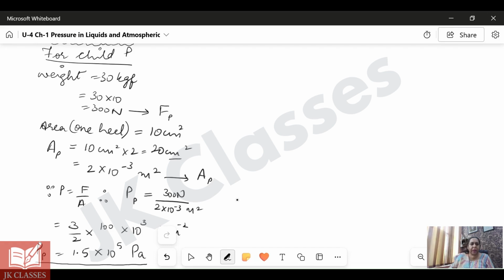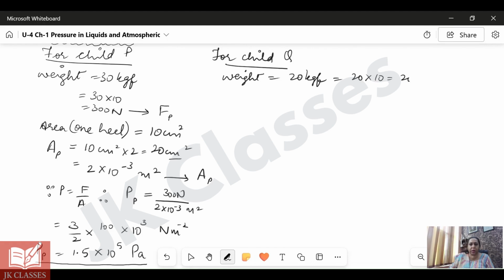Now we will find the same thing for child Q. Weight given is 20 kgf, which is equal to 20 into 10 is equal to 200 Newton, and area for one heel is 2 centimeter square.